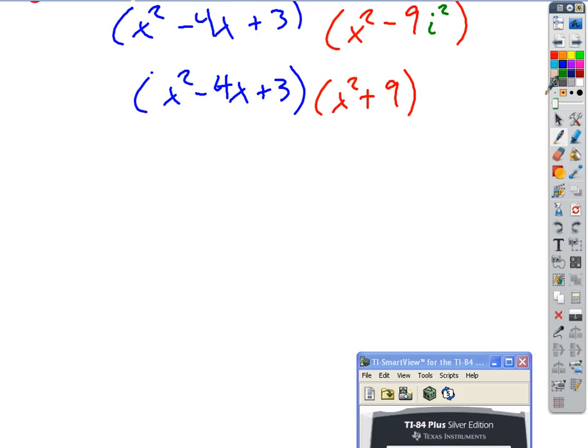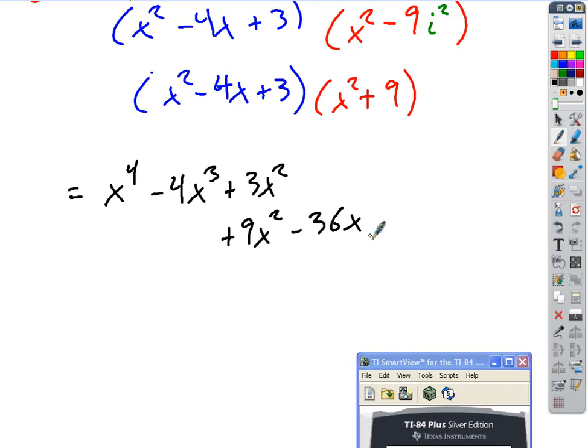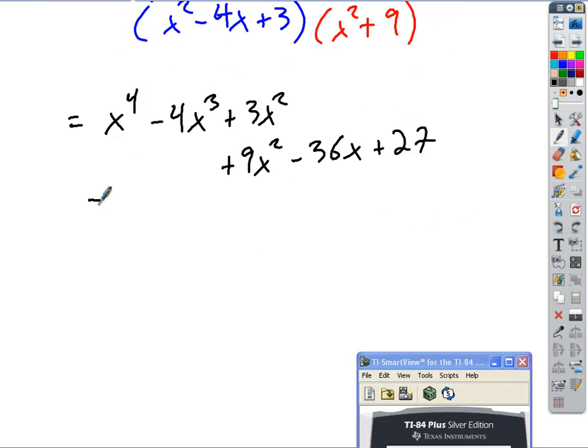And what did they ask for? I forgot. They want to know what's the coefficient of x. So the coefficient of x is negative 36. Okay? And that's it. Make sense?